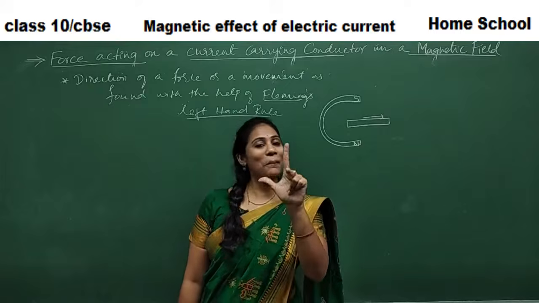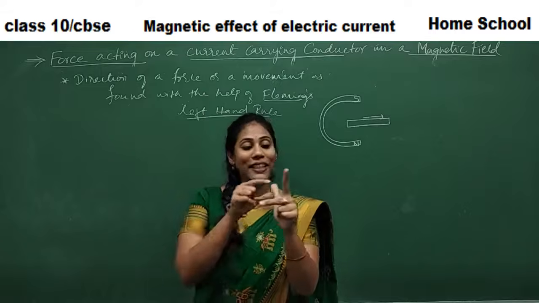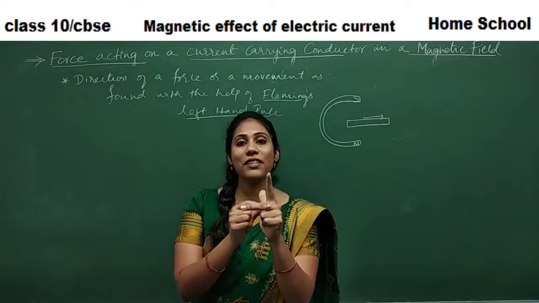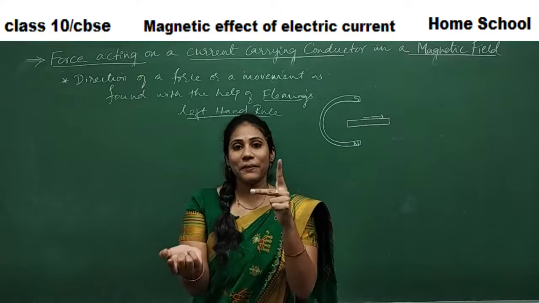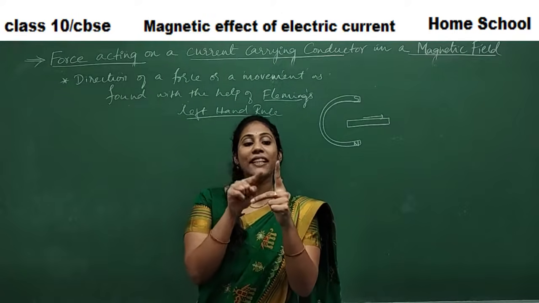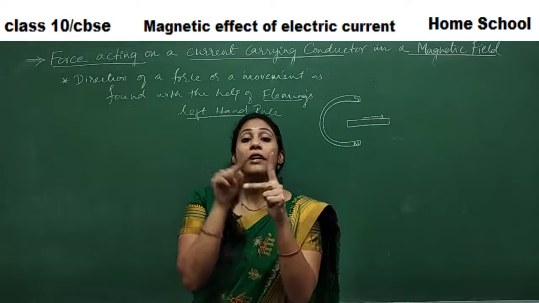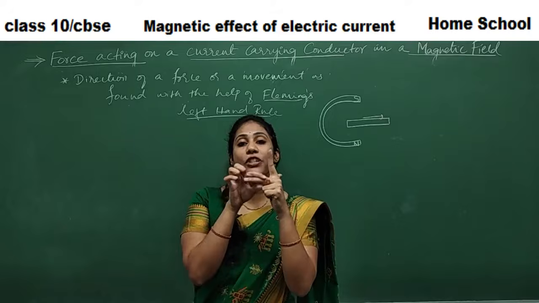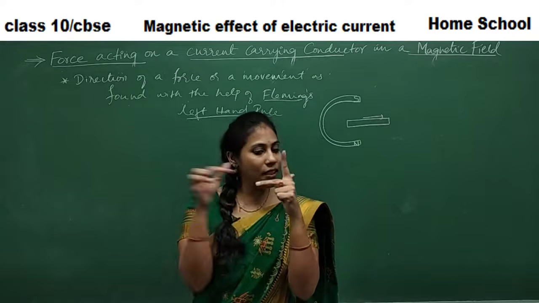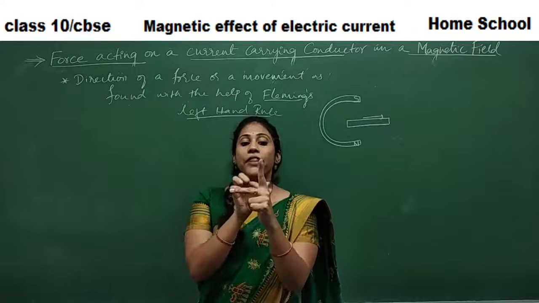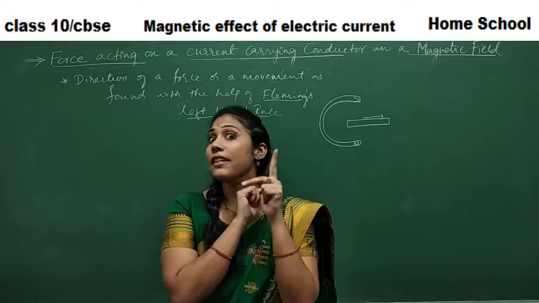So with the help of this Fleming's left hand rule, you can identify the direction of force if you know the direction of magnetic field and the direction of current. So which finger indicates the direction of magnetic field, guys? Index finger. Which finger indicates the direction of current? That is our middle finger, that is ring finger. Which finger indicates the direction of force or movement? That is the thumb.